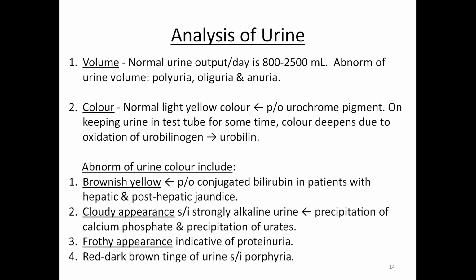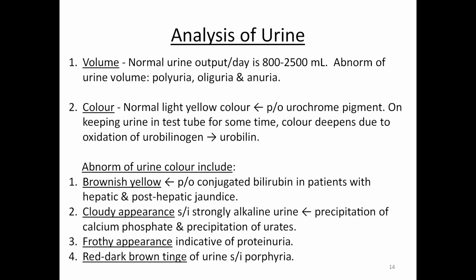Again, for assessing kidney functioning. And in patients with suspected renal disorder, urine analysis should be performed for volume, specific gravity, osmolality, pH, abnormal constituents, microscopic examination, and even bacteriological findings.